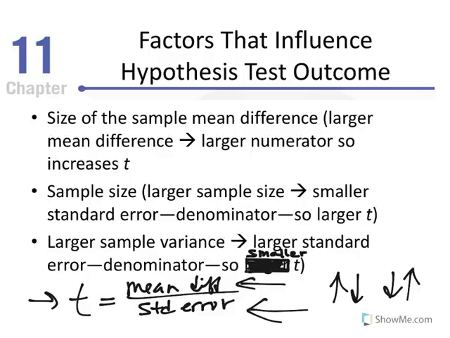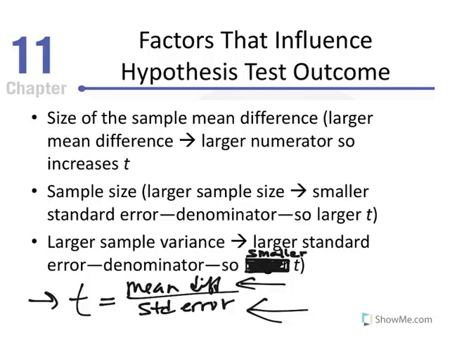So the standard error is inversely related to the sample size. A large sample size leads to smaller error, and the standard error is directly related to the sample variance. Large variance leads to large error. As a result, a large sample produces a larger value for the t-statistic and increases the likelihood of rejecting the null. And we've discussed this before.